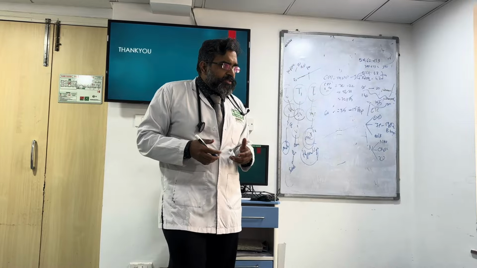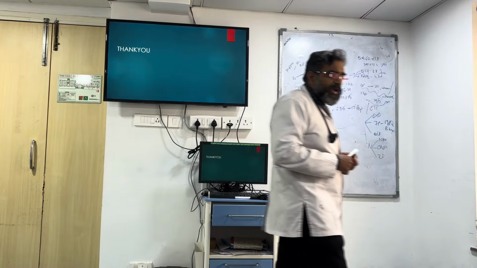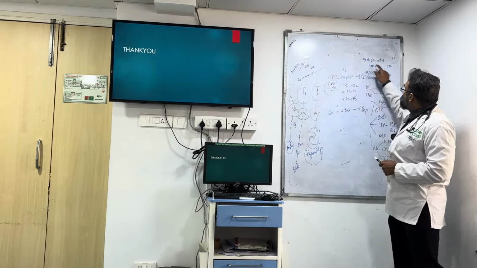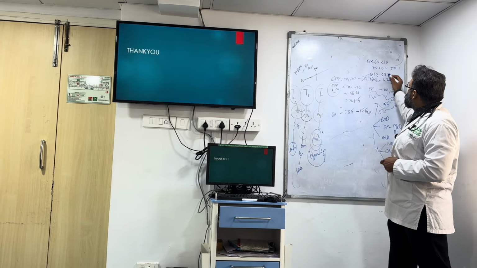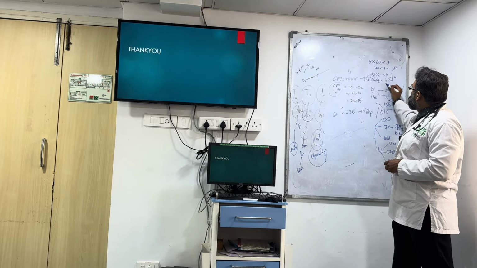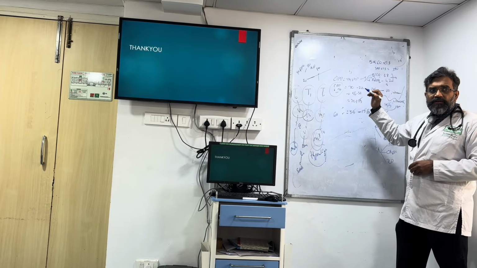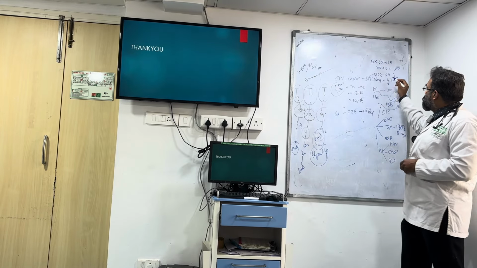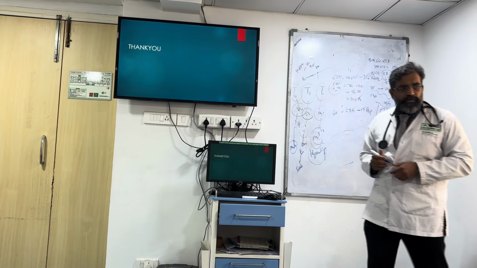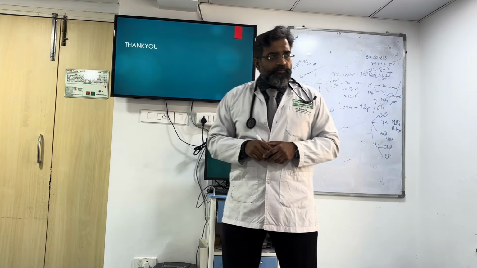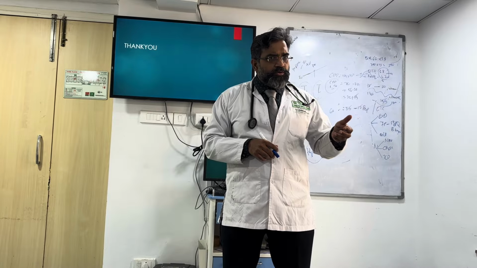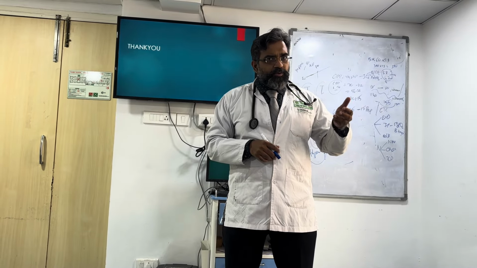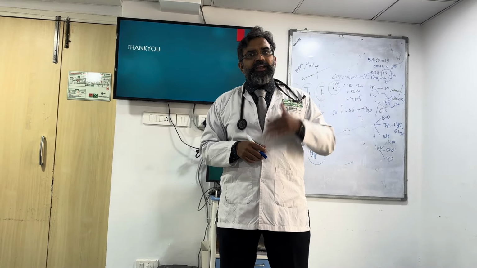So now how do you do this, and what are your targets? Our initial target was normocapnia, where we wanted to keep ETCO2 between 37 and 42. Now, when I say I want to do hyperventilation, I need to keep PaCO2 between 30 and 33.